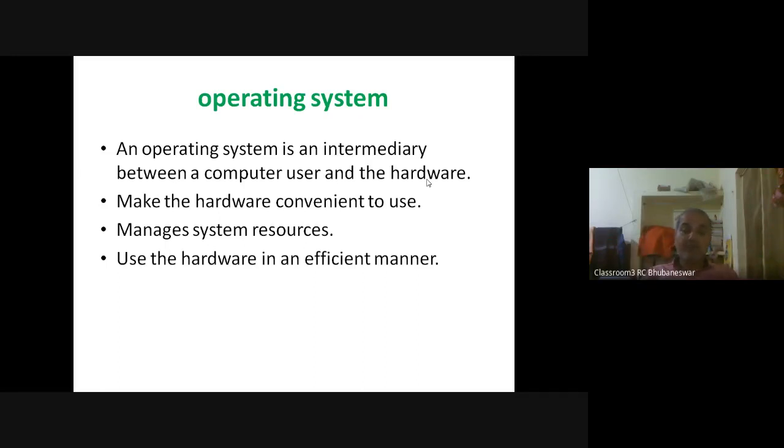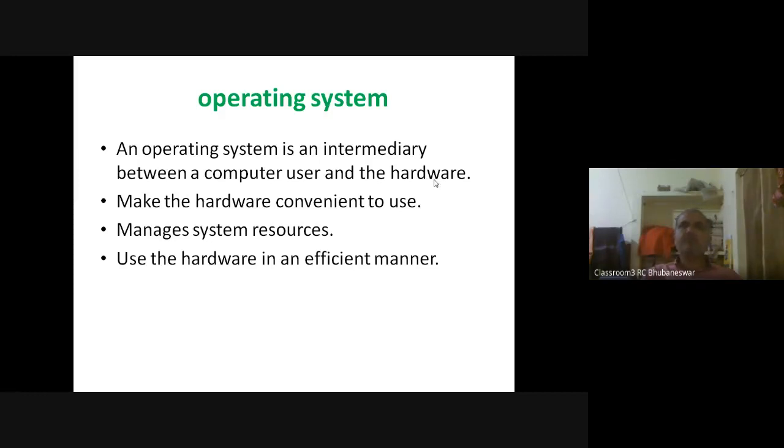To run the hardware, we need software. Again, this software is divided into two types: one is system software, second one is application software. तो सिस्टम सॉफ्टवेयर क्या है, सिस्टम सॉफ्टवेयर are those software which are responsible for running of computer hardware. जैसे कि take an example, I have attached a particular hardware, so to run that hardware, we need a particular software.